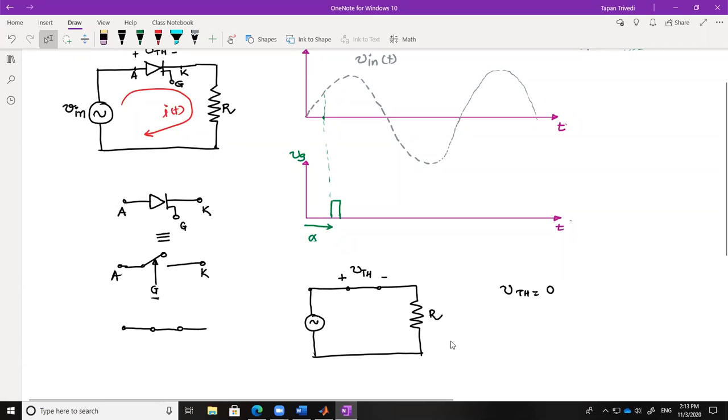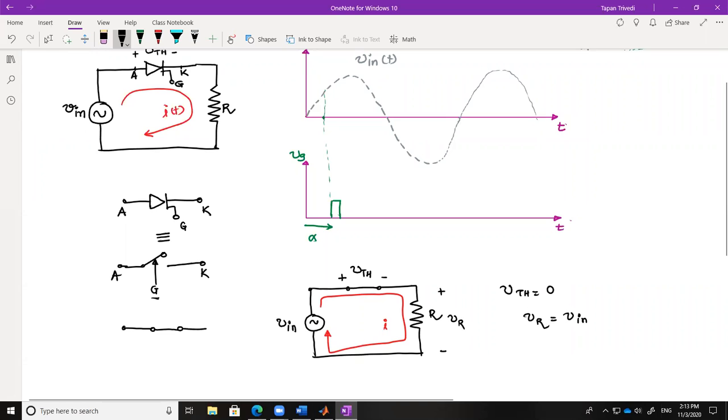Now this acts as a closed path, so the current I will flow, whereas the voltage is already V in. So when you measure the voltage across R, VR is nothing but V in, because there is no other drop in the circuit.